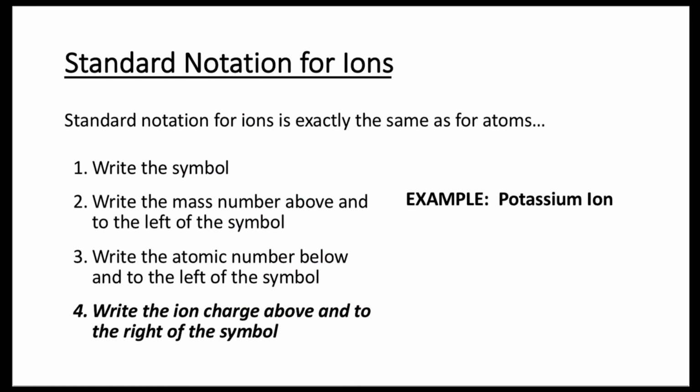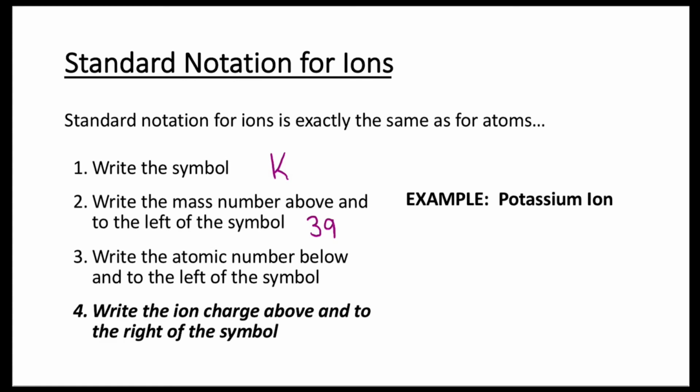So jumping back to standard notation for ions now, the standard notation for ions is exactly the same as for atoms of an element. So write the symbol, which now we're dealing with potassium ion, it's still K. The mass number is the same, which is 39.